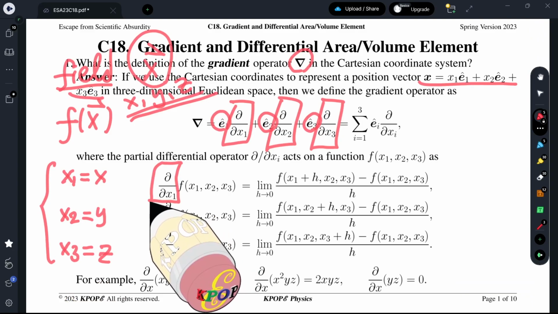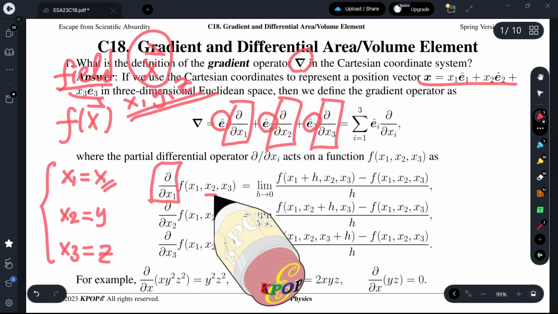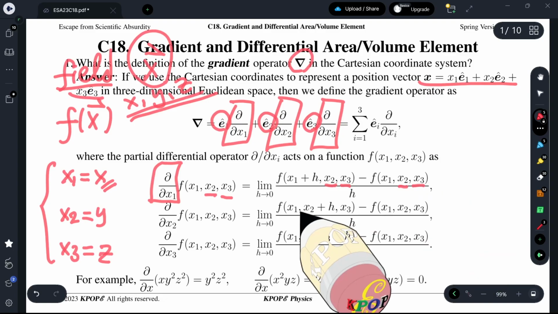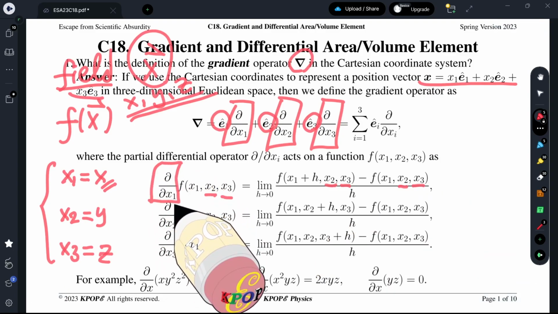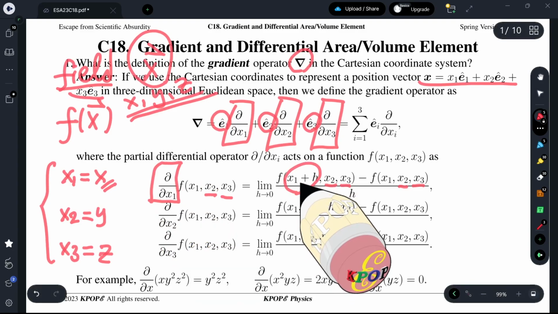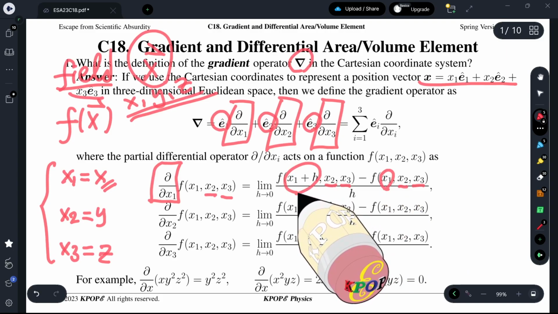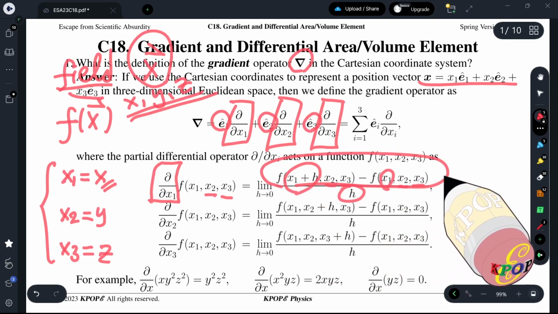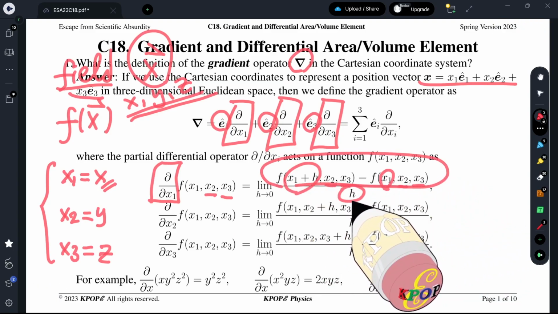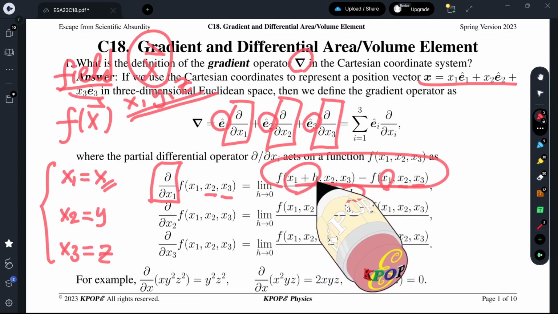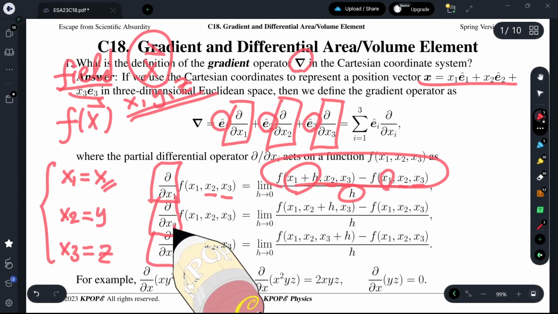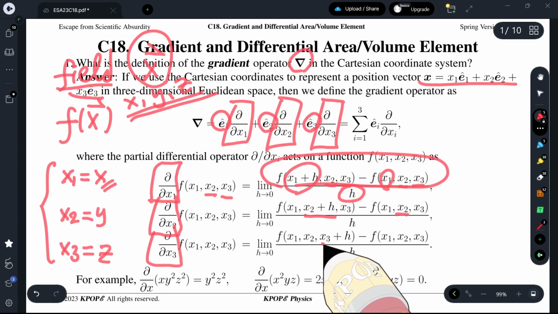If I take the derivative with respect to x, I keep y and z the same. By definition, the partial derivative with respect to x varies the argument of x only and takes the ratio of the differential of the function divided by the shift in the argument. The same is true for the y and z derivatives.